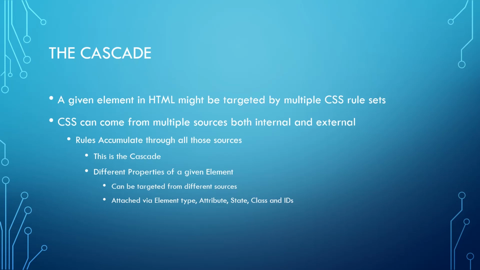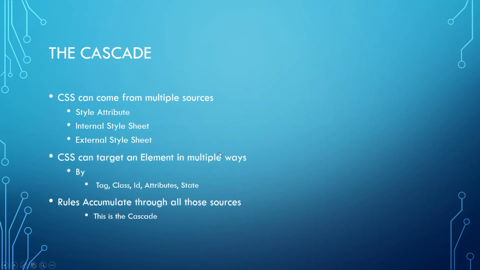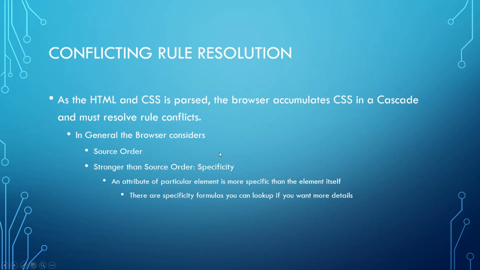accumulates those things. Now, the next consideration is when there are conflicting rules. As HTML and CSS is parsed, the browser accumulates CSS in a cascade, and it must resolve those conflicts. In general, the browser considers source order. So if a style sheet is close to the element, then that's the rule that wins.